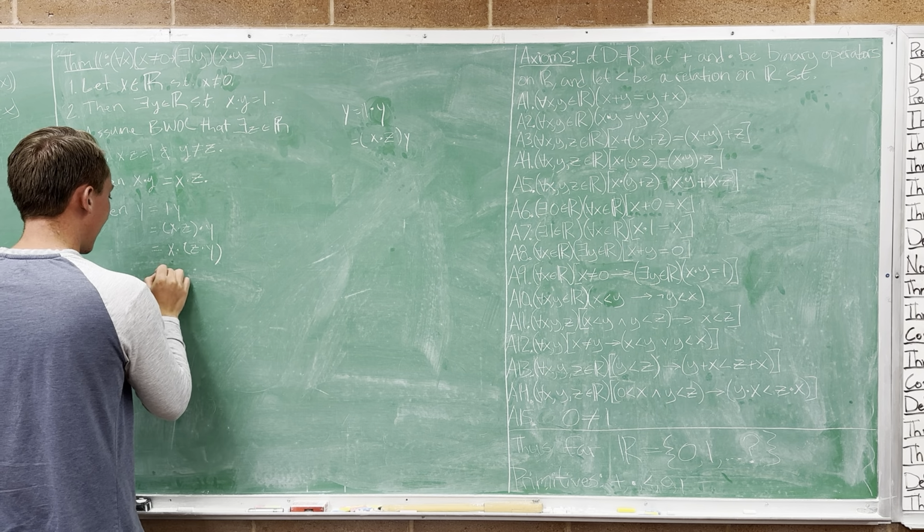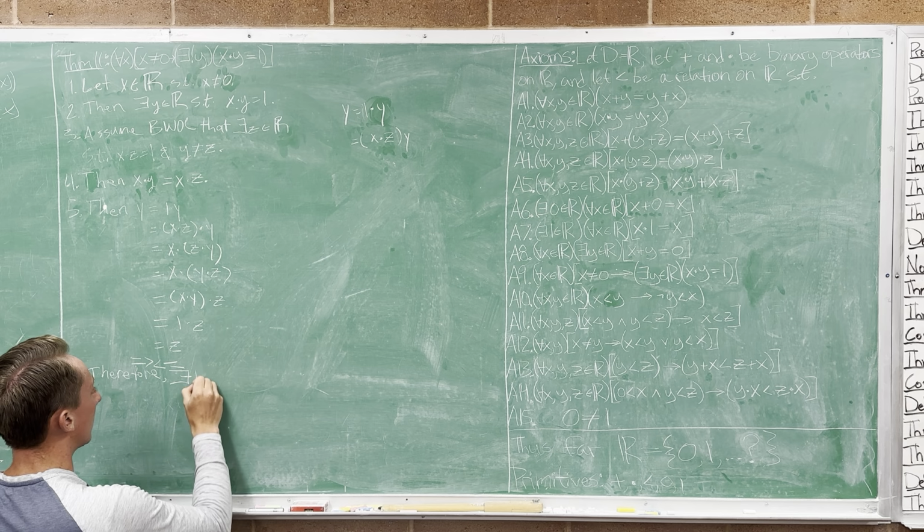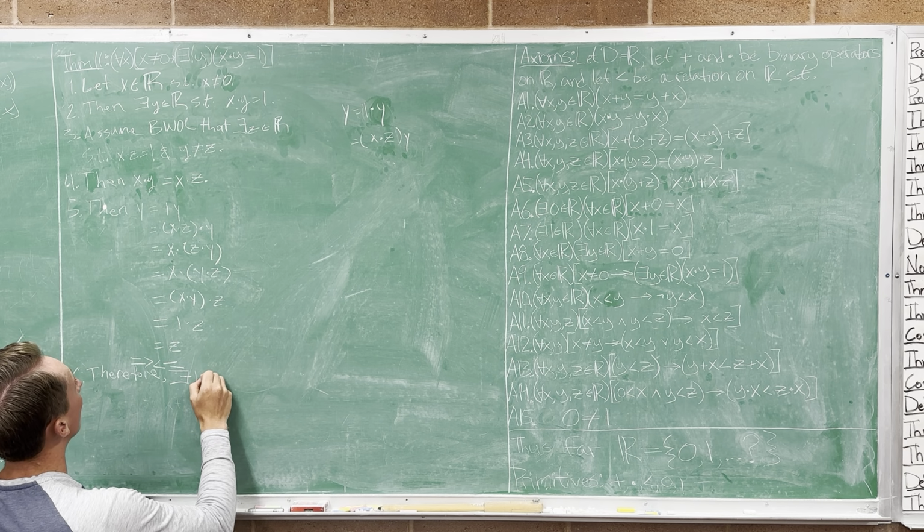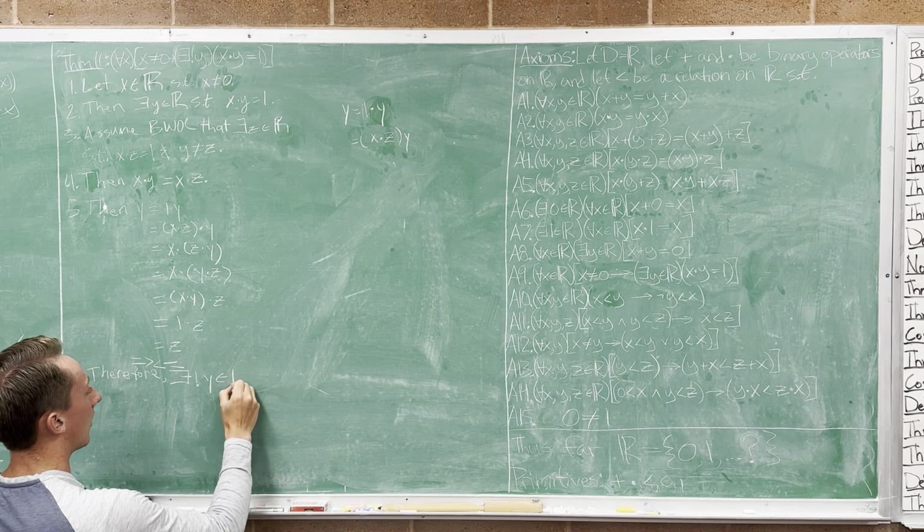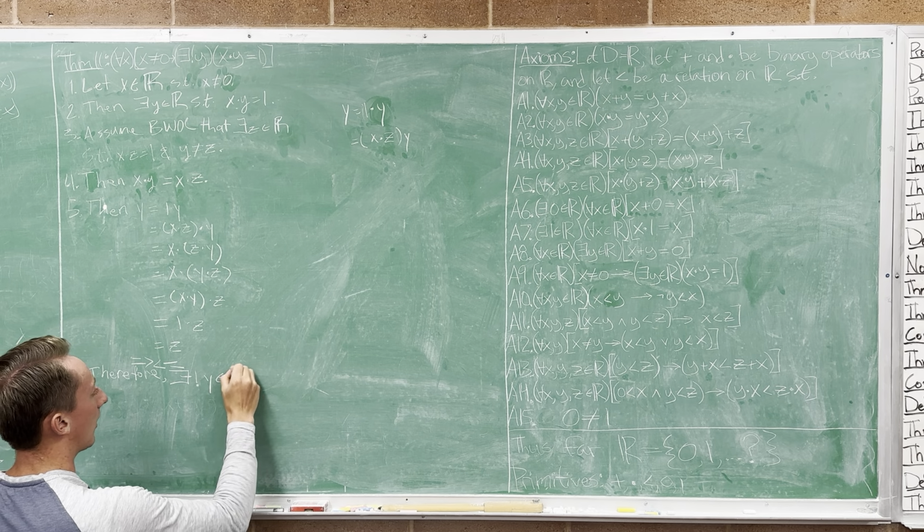Therefore, I just say no such z exists or something. Can I do that? Is that okay? Therefore, there exists a unique y in R such that x times y equals 1. But yeah, sure.